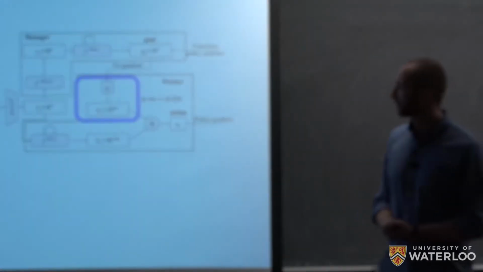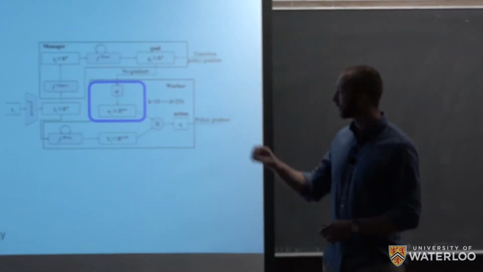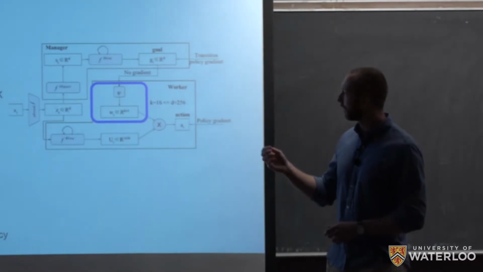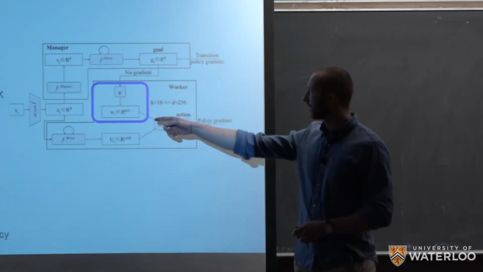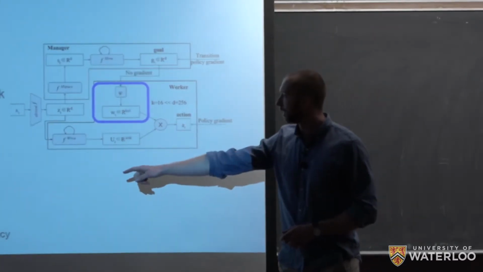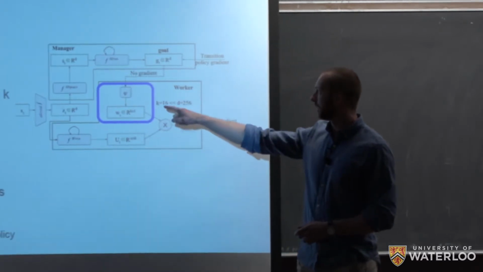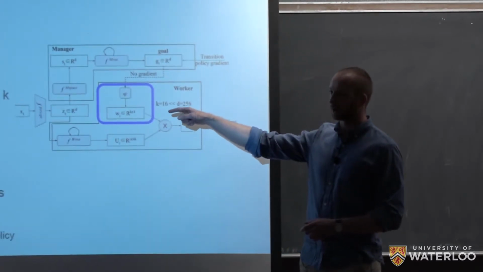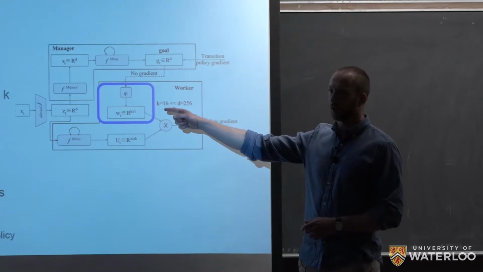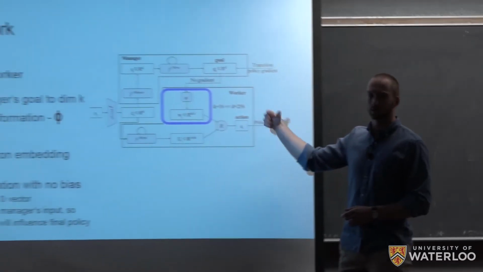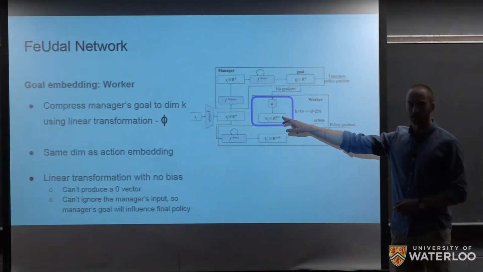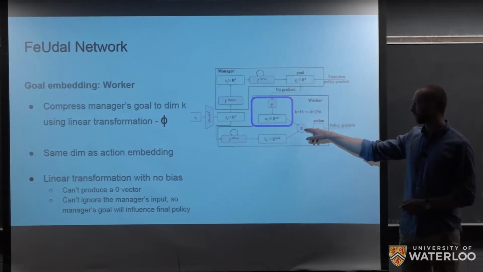This wasn't totally explained, but the idea is you have a linear transformation with no bias, so it's not possible for the worker to totally ignore the goal, because of the way we dot product it with the action embedding.